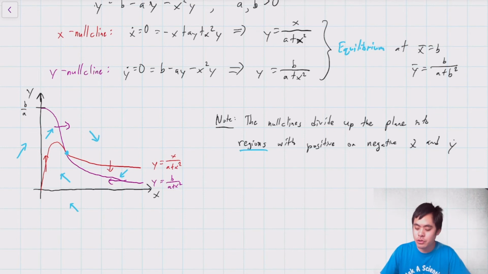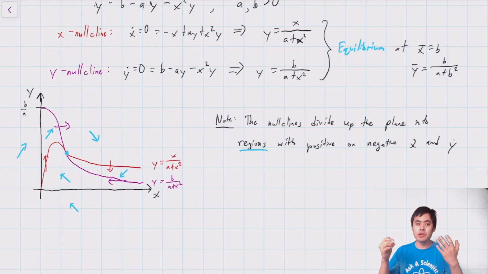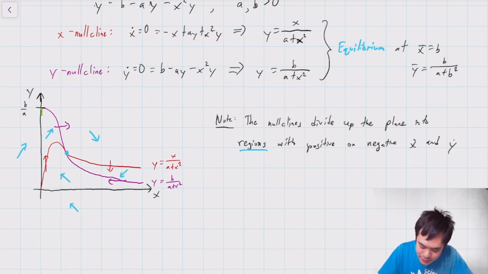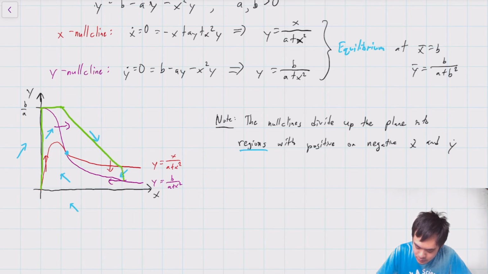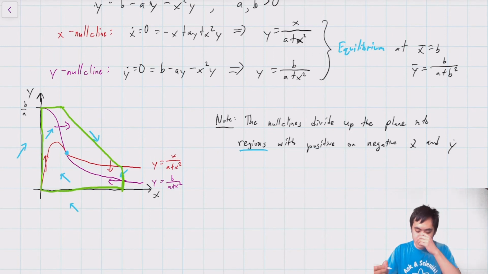And so now what we can do is draw a bounding box around this. In order to apply Poincare-Bendixson, we want to bound some set of trajectories to within a box. So let's draw this particular box in green here. And we want to show that everything that starts in this box stays in this box.